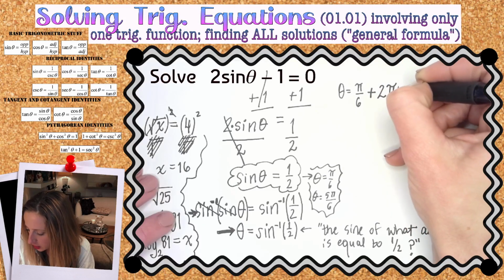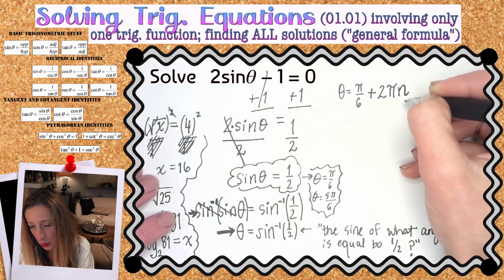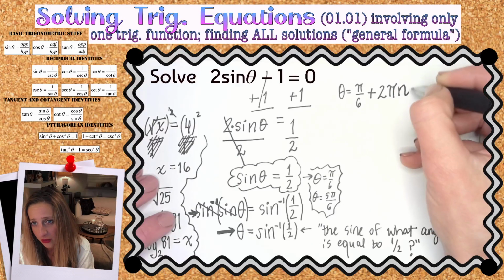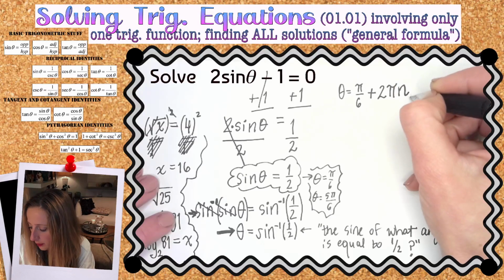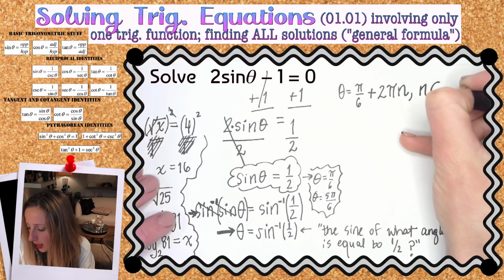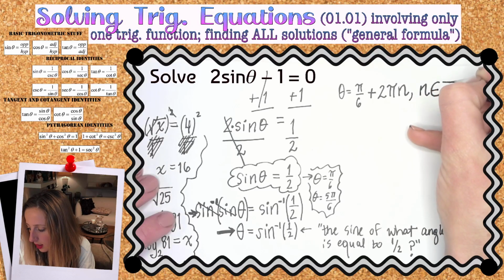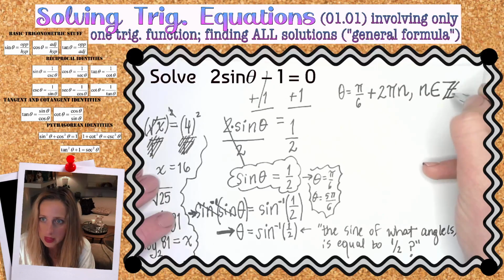So I'm going to write 2 pi times n. That's going to indicate the number of times we're adding 2 pi. And if I make n negative, I'm just subtracting it. Or if n is 0, I'm not doing anything. Comma, where n is an element in the set of integers. So that symbol right there means it's an element in. And this right here means the set of integers.